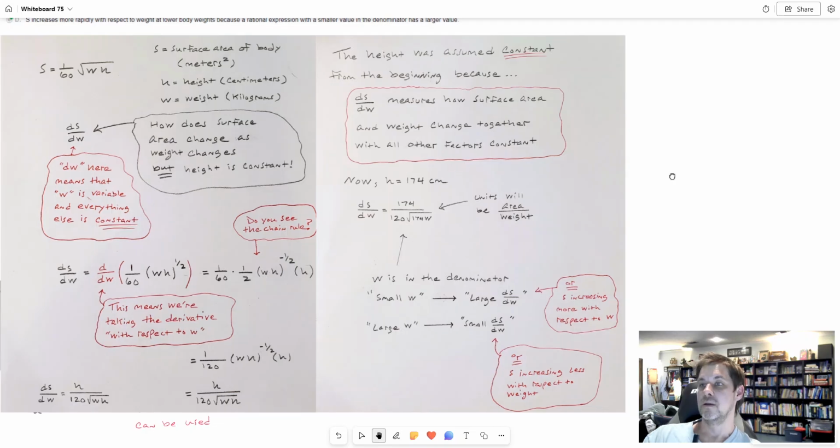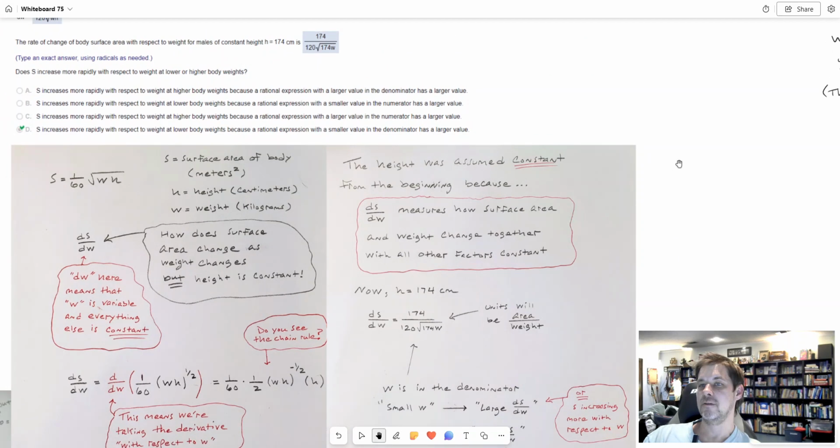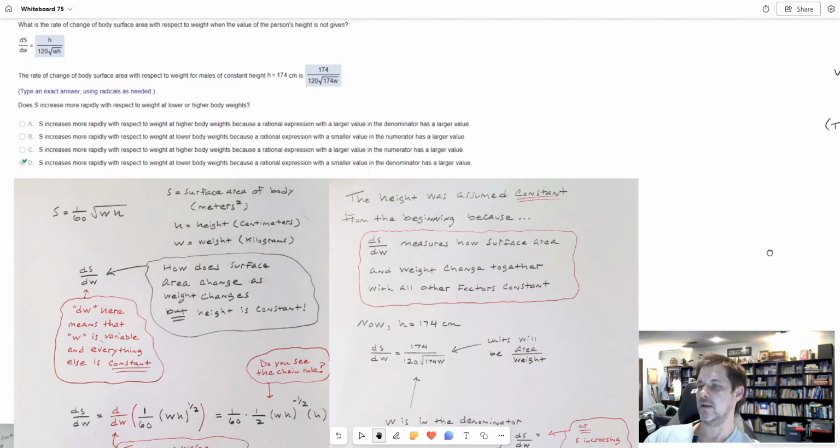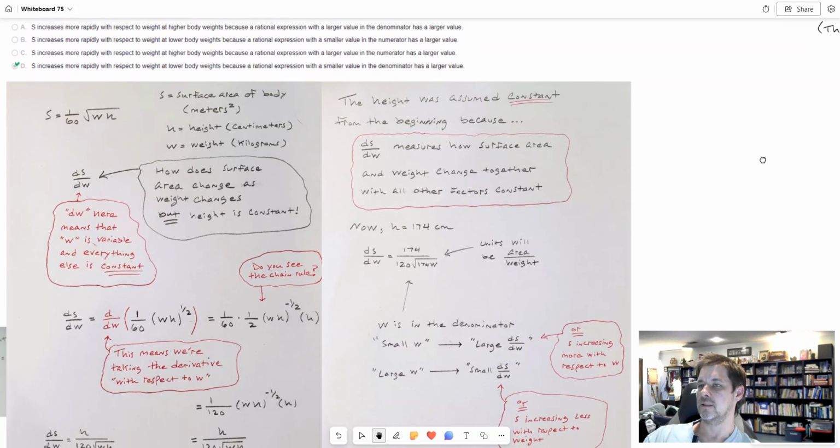Okay. All right. Now, after that, I noticed that I'm given a particular height. Now, about that, I'll say height was assumed constant from the beginning. If this is the derivative that I'm considering or working on, then it means that w is a variable and h, height, is a constant. So height was assumed constant from the beginning. Right? That's just how this derivative is understood.